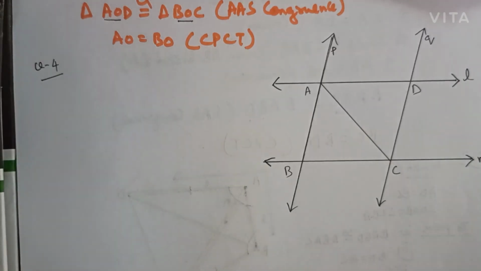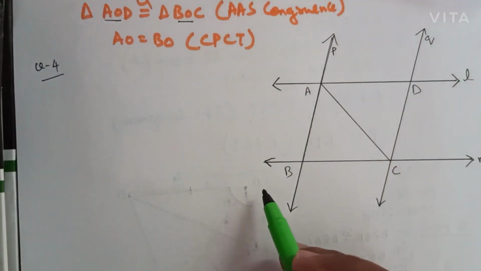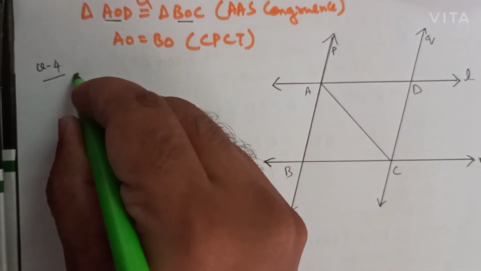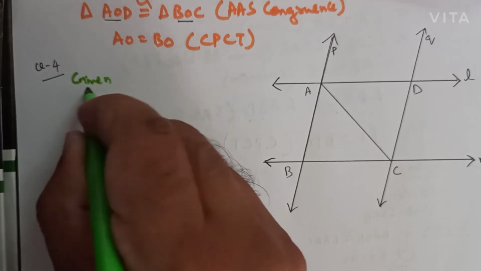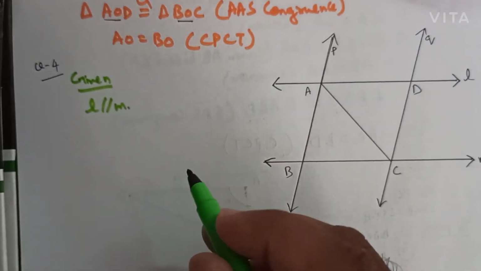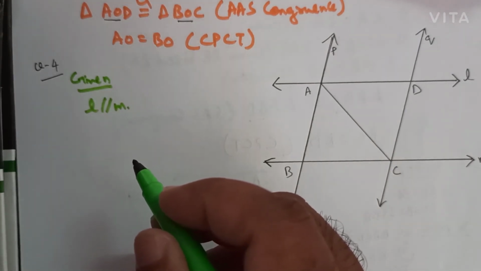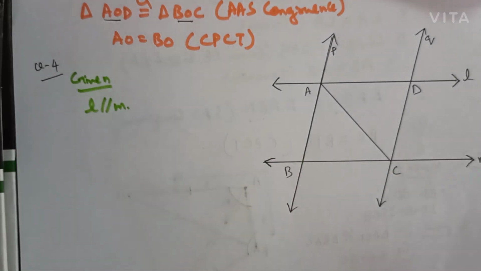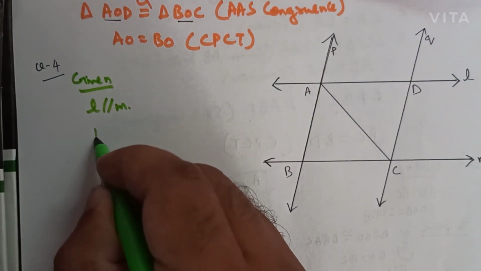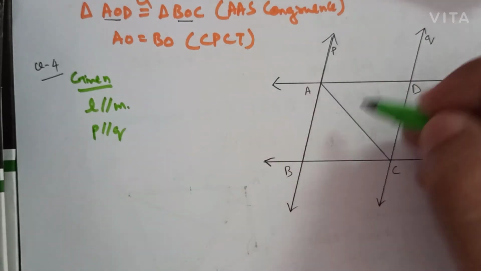Okay, in question number 4, it is given that this line L and this line M are parallel. L is parallel to M, and what else is given? Intersected by another pair of parallel lines P and Q. P is parallel to Q. So L and M are parallel, and P and Q are parallel.